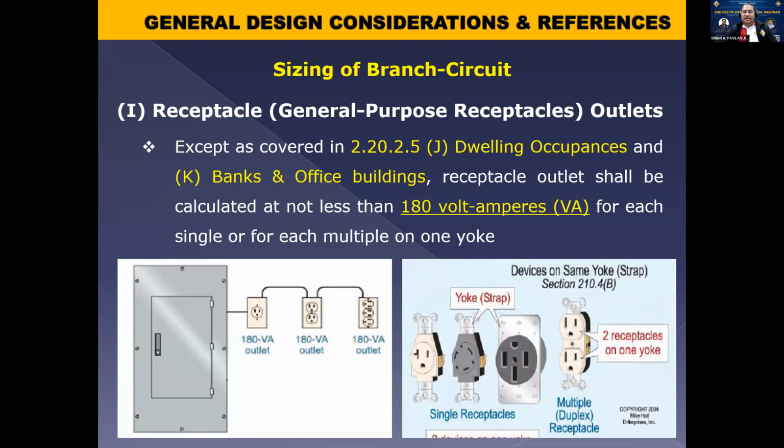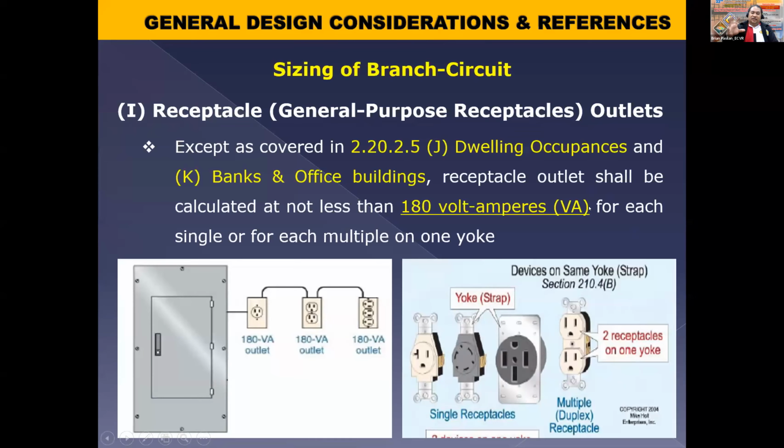Yun yung demand for a receptacle, or for one yoke. So declare natin is 180 VA per outlet, no? But kung mayroon na tayong dalawang gang, 180 volt amperes pa rin yung treatment na demand niya. So meaning to say, pinag-consider niya na hindi magkasabay itong magagamit, even though dalawa sila, most of the time.